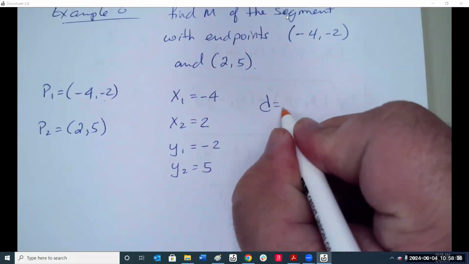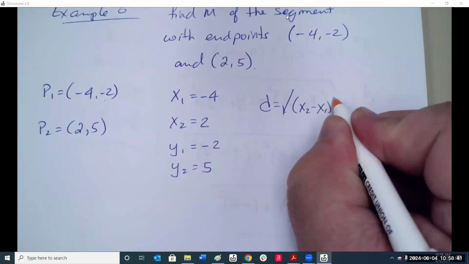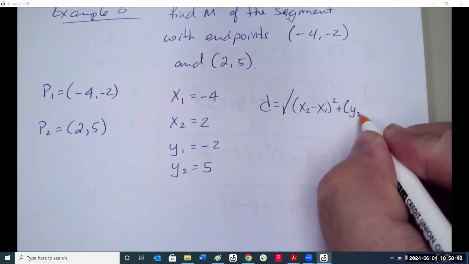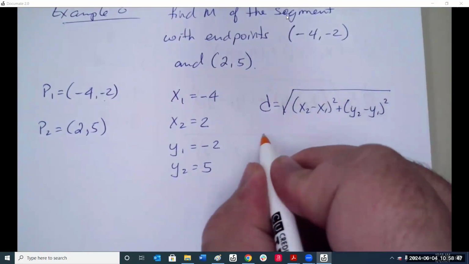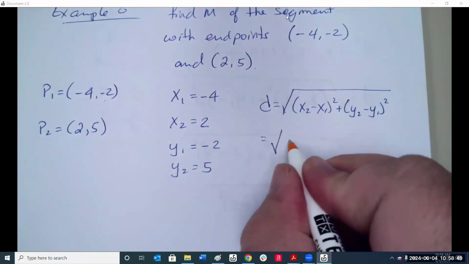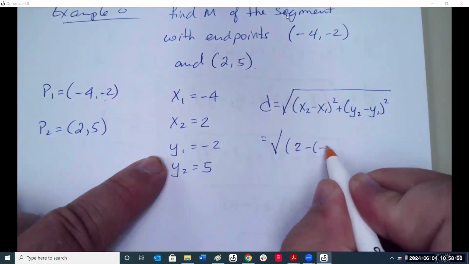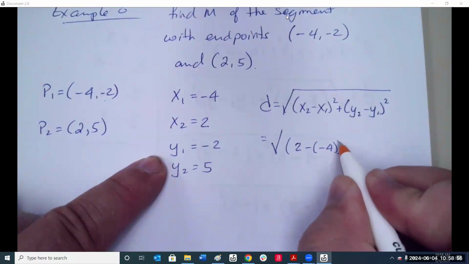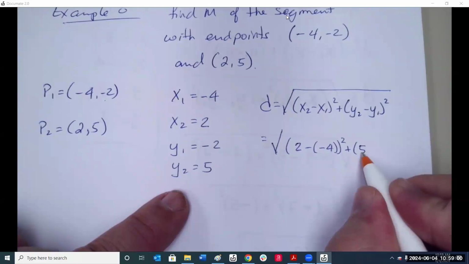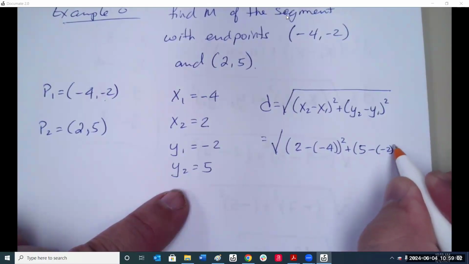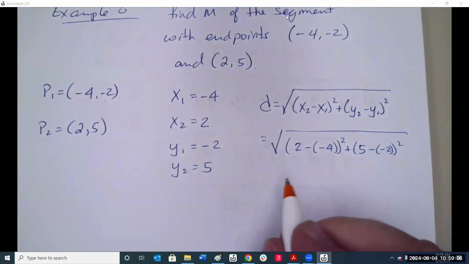So the distance formula, X2 minus X1 squared, Y2 minus Y1 squared. So X2 is 2 minus -4 squared. 5 minus -2 squared.